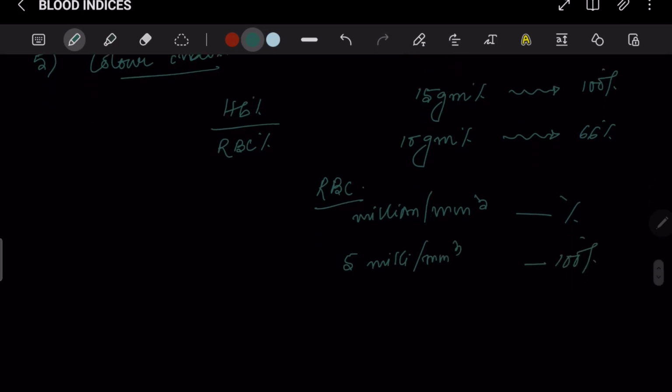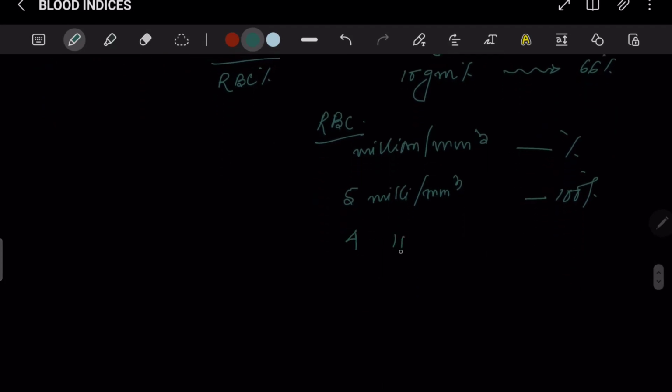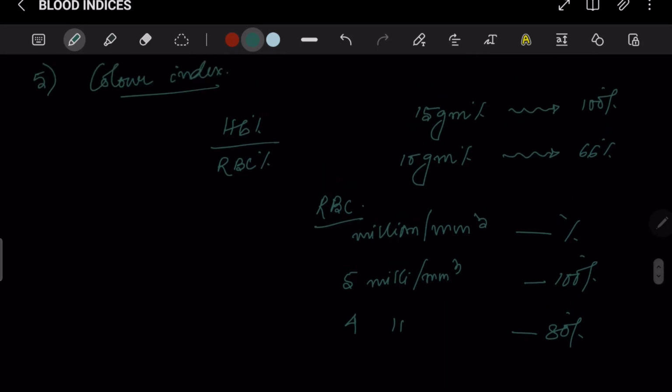So if a patient's RBC count is around 4 million per cubic millimeter, it is considered to be 80%. And then their ratio is found out, and that determines the color index. The normal value of the color index ranges from 0.8 to 1.1.